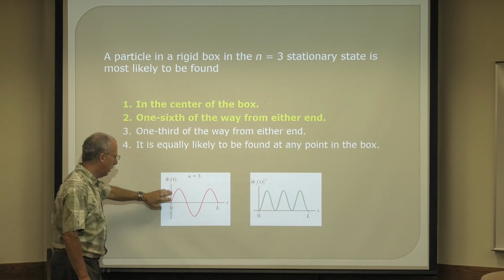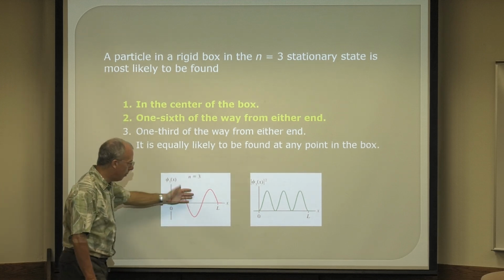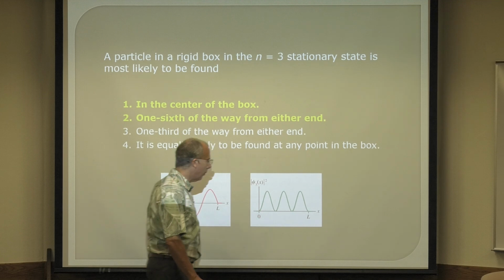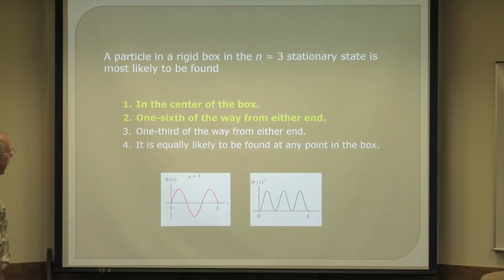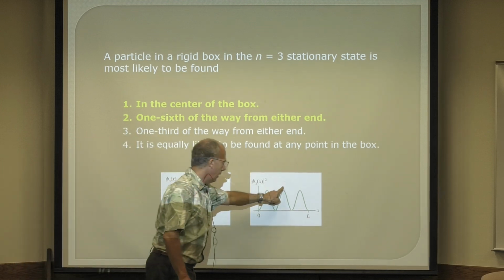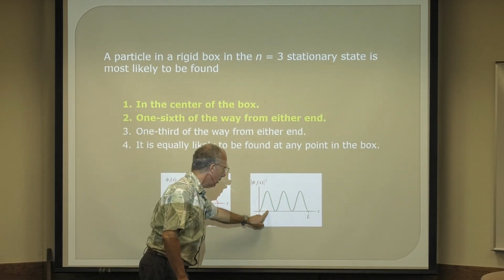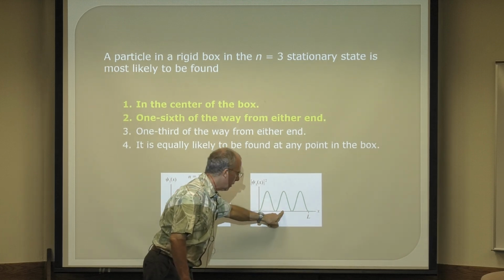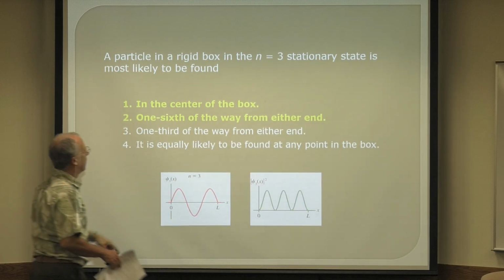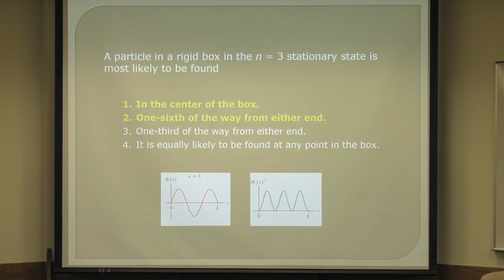But then you want psi squared, so you flip them, so you get 1, 2, 3 humps. And then where's the highest probability going to be? Right here, and right here. So 1/6, 3/6, 5/6. Okay, one more thing.